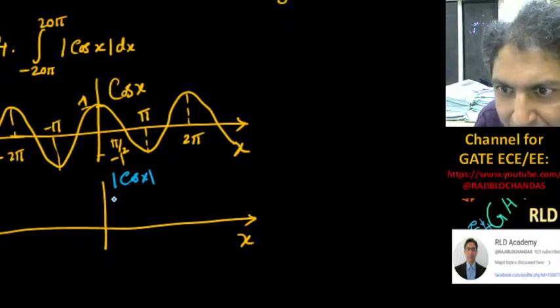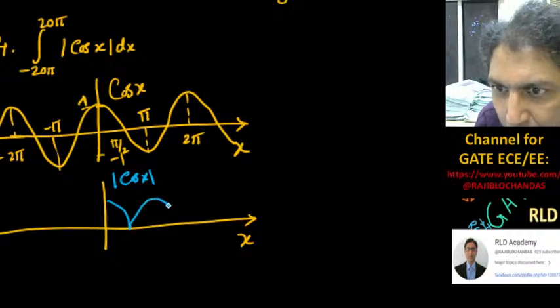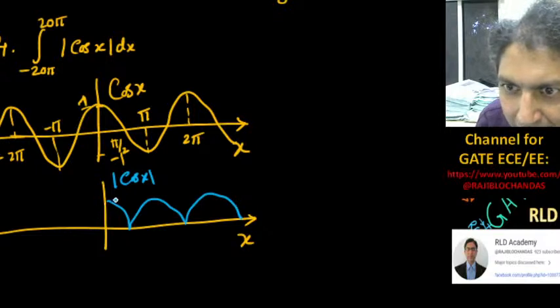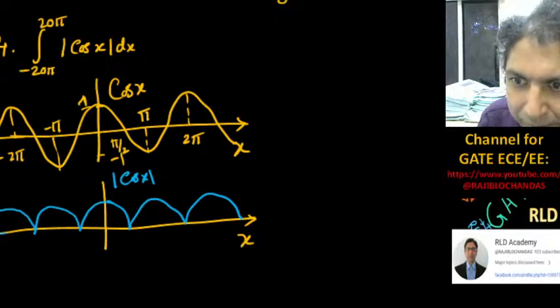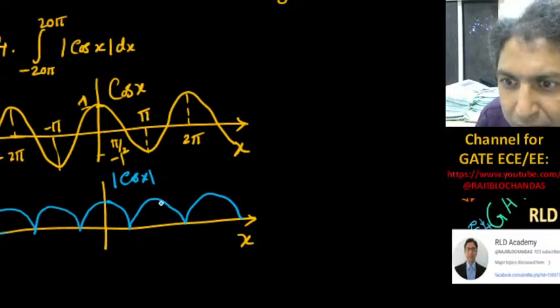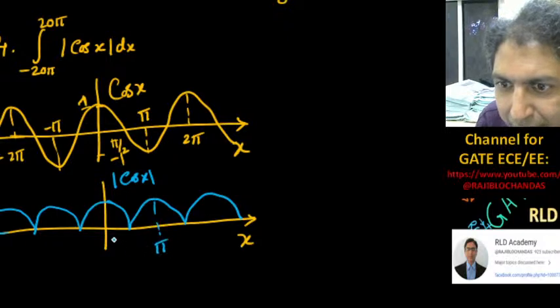So this part is positive and this negative will become positive. This positive will remain positive and this is positive, fine, but this one is again becoming positive. So it will be like this. So this is your pi, this is 0 and this is 2 pi.